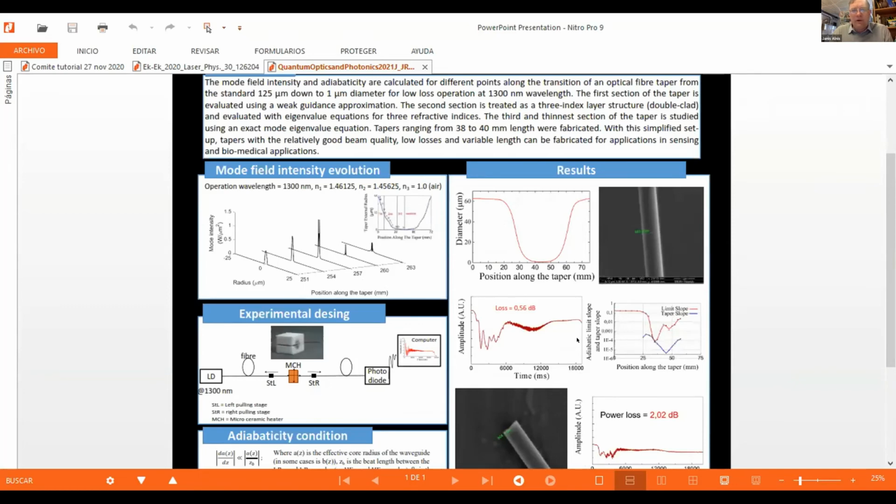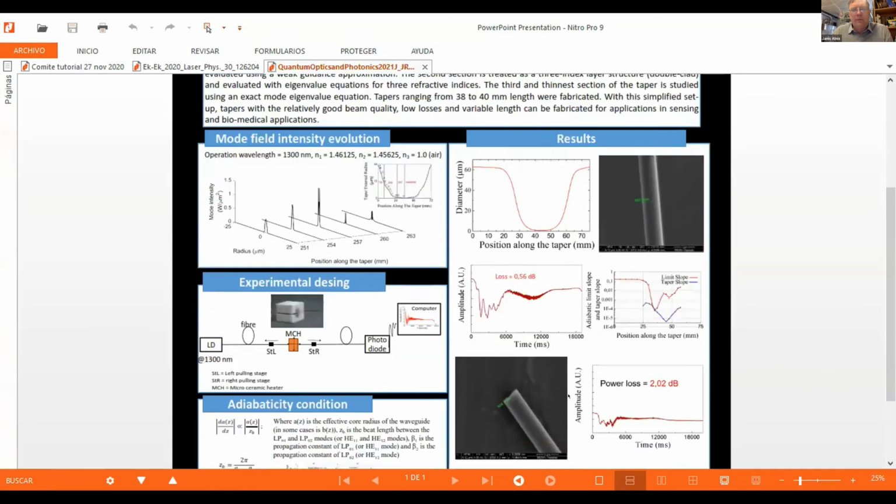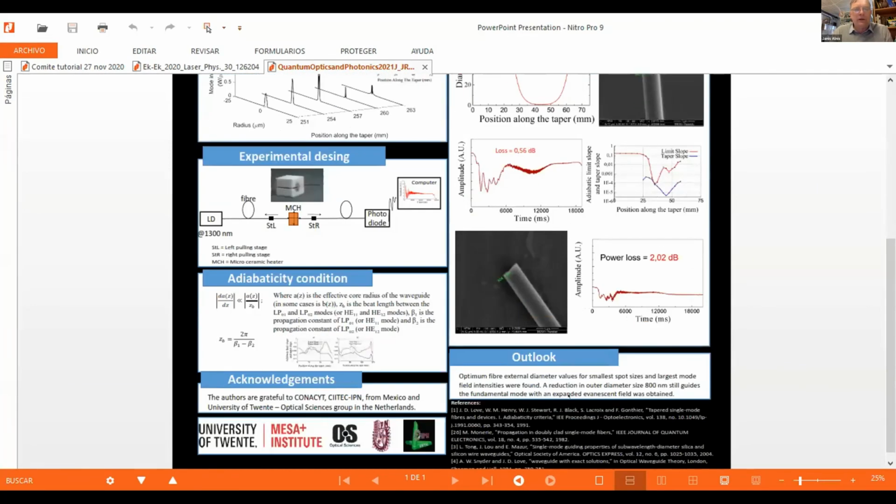In our experiments with flame, we pull a taper for maybe 3 minutes in total time. And it's nice to see that it's also possible to pull faster, and it does not influence the surface quality. Can you comment on pulling time?